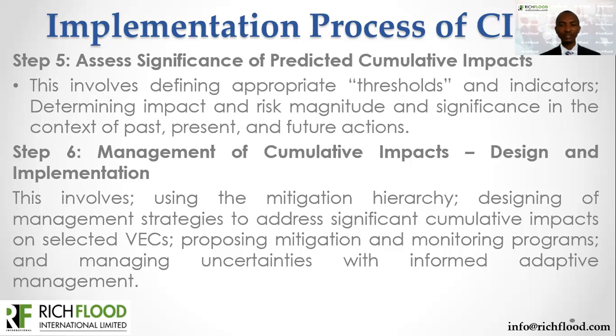And the assessment of this significance has to do with defining the appropriate threshold and indicators. It also has to do with determining the impacts and the risks that are significant in the context of the past, present, and future action. So all the actions that have been carried out as a result of the project could help to determine the impact of this project within our environment.